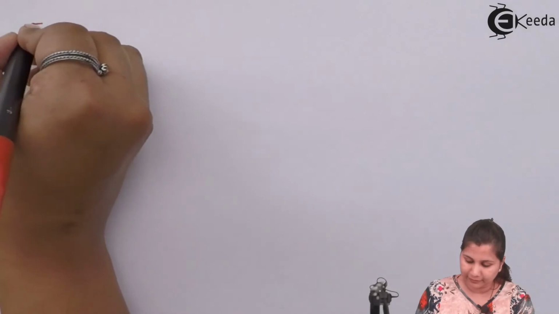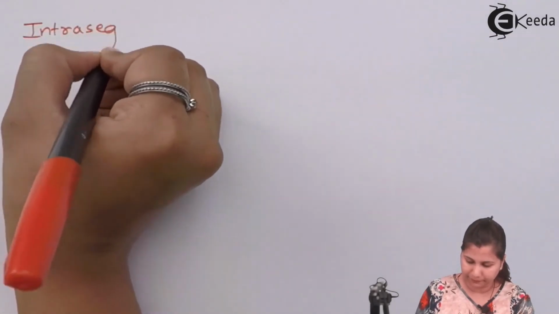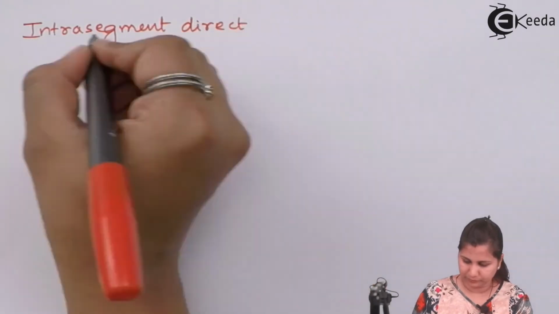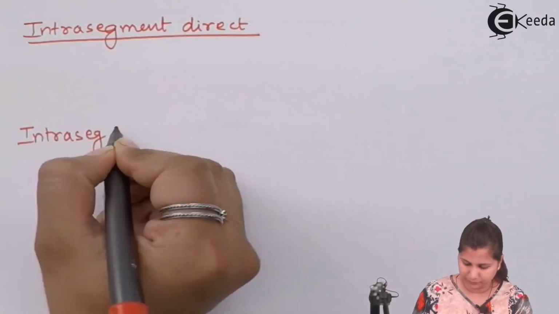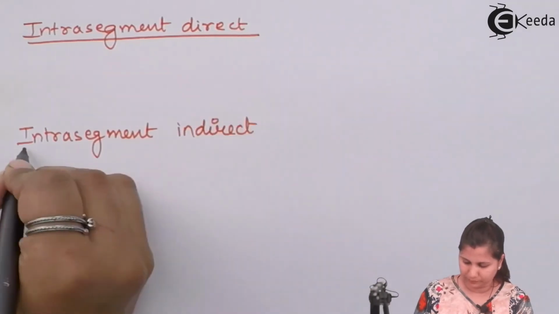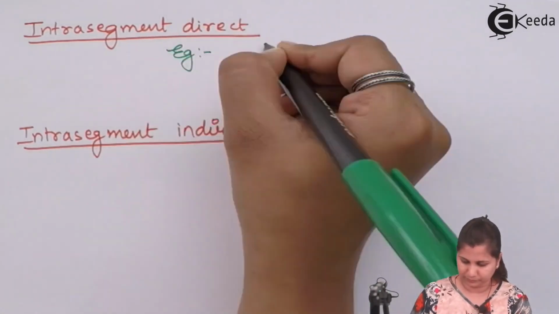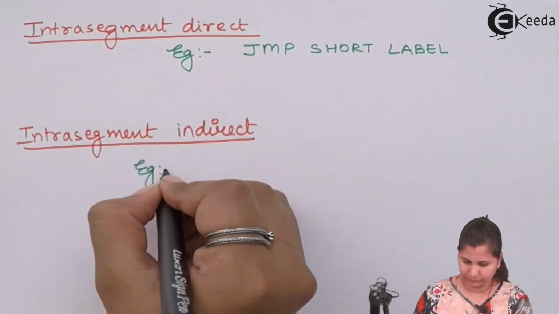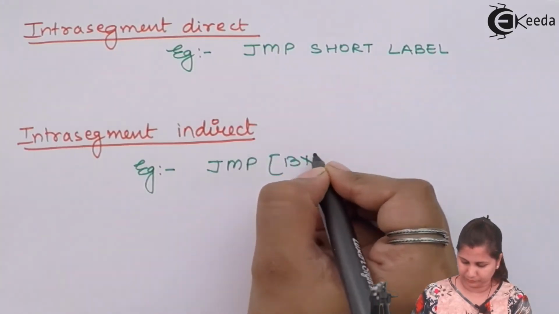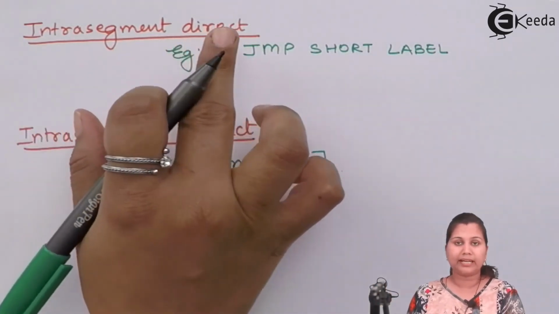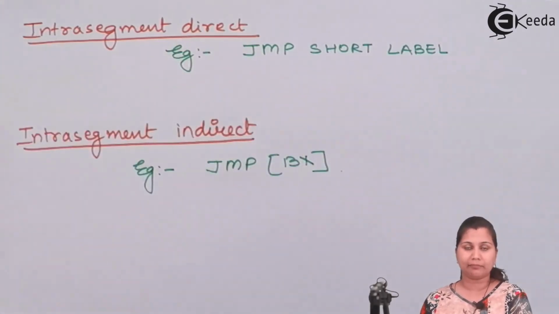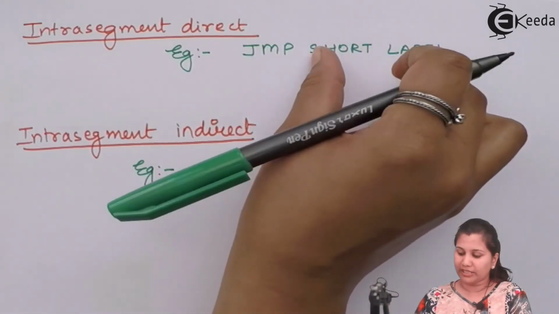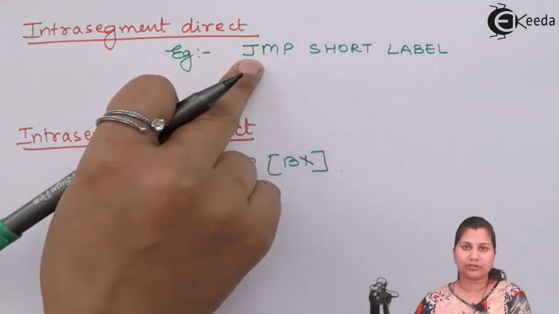Next we have intra-segment direct and intra-segment indirect. Intra-segment direct means that the segment is the same, and only the offset address will change. The offset address is directly specified in the instruction itself.